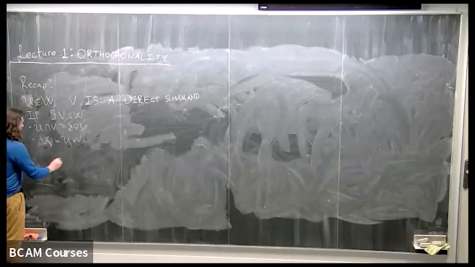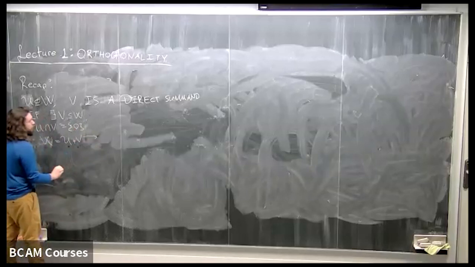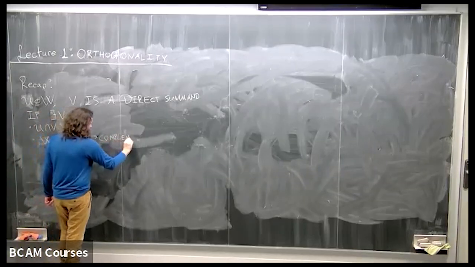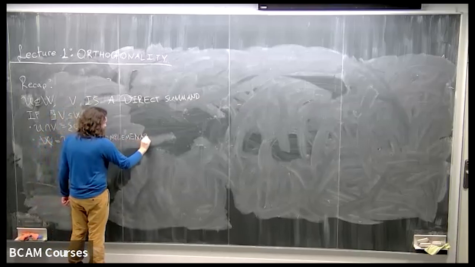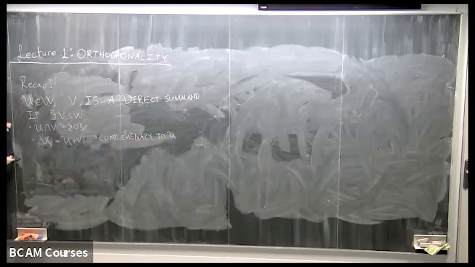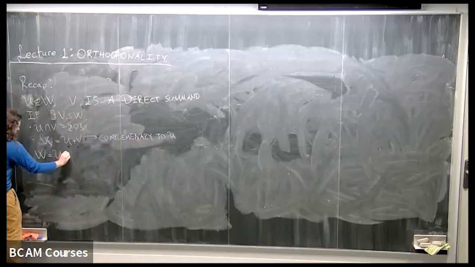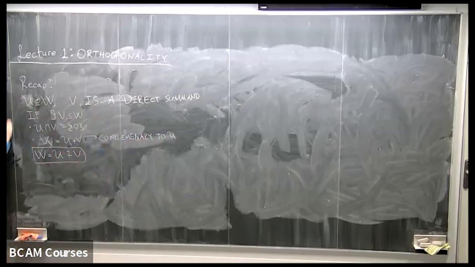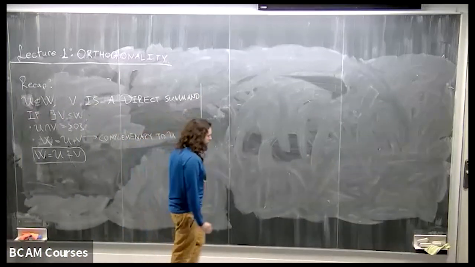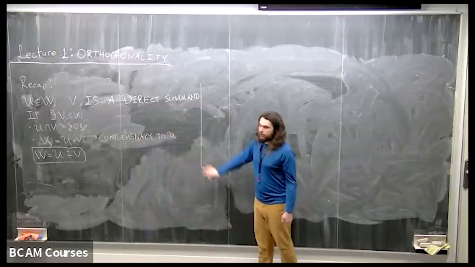In this case, we say that V is a complementary subspace to U. And instead of writing all of this every time, we can use the shorthand notation, which is that W is U plus V, but with a dot above it. So this notation basically means all of this. Okay, so that's the first thing that we'll use to try to get a basis.